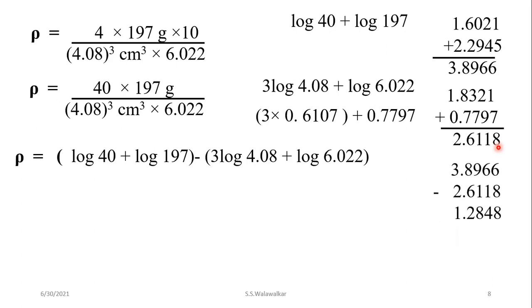Now subtract these two: log of 40 plus log of 197 is 3.8966, minus this quantity, 2.6118, and that is equal to how much?